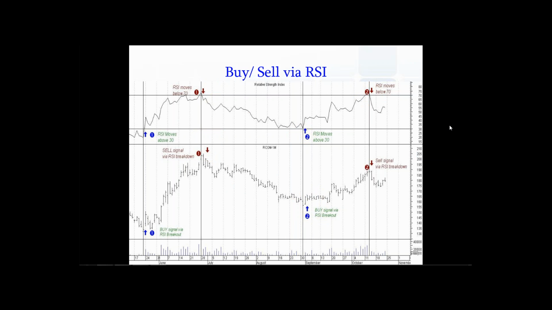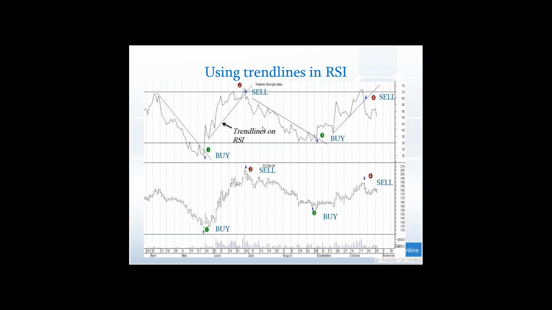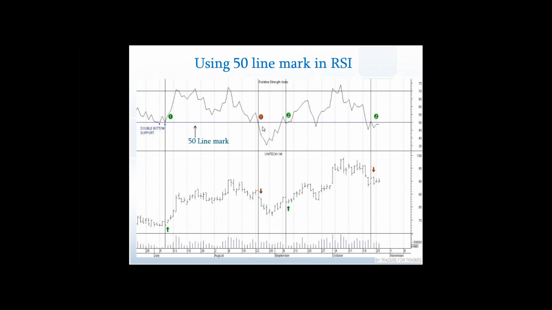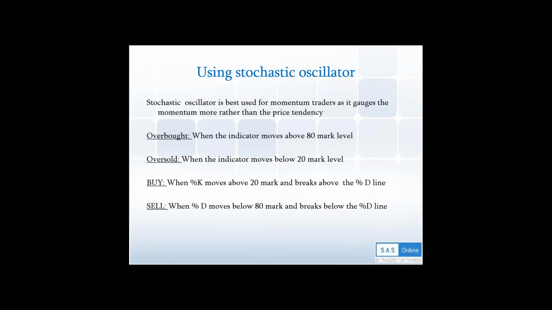Now, if you are a veteran technical analyst, what you can do is mix your moving average with RSI, or trend line with RSI, and different kinds of technical indicators, so you get a double or triple confirmation when you are trading in the markets. The next indicator is the stochastic oscillator.